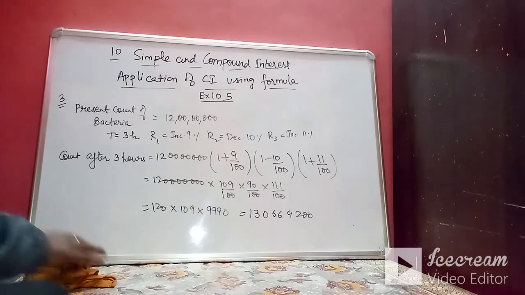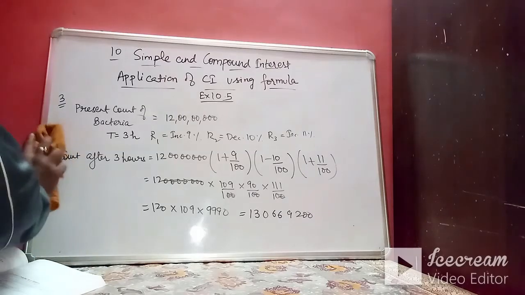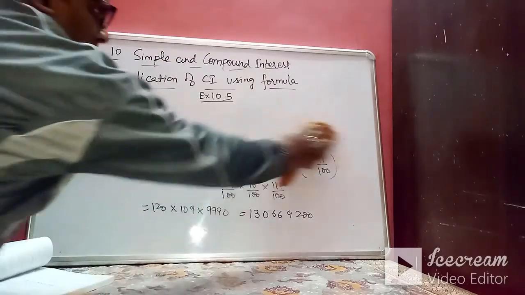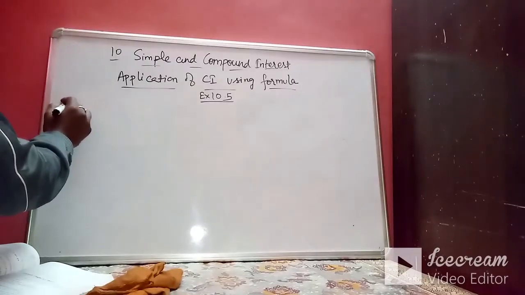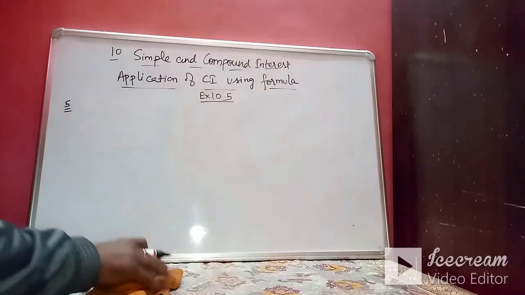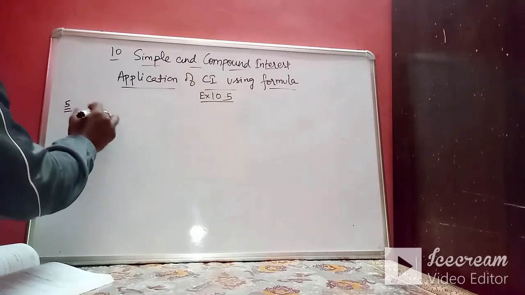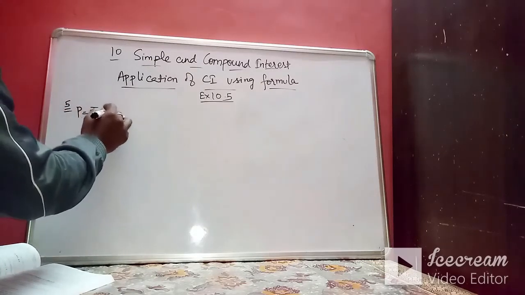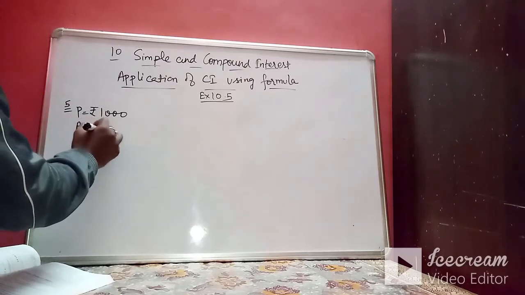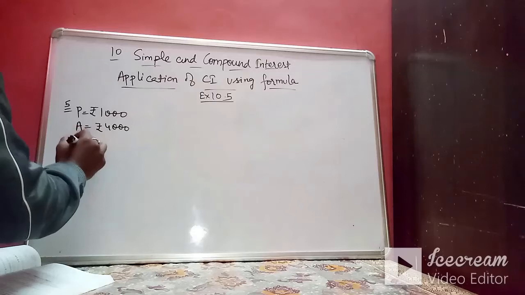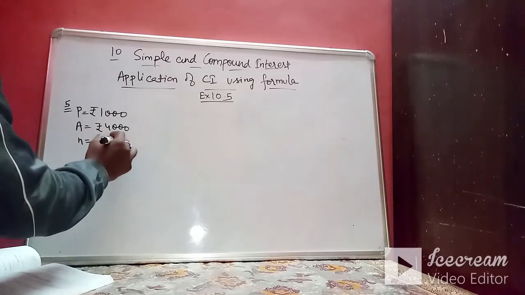Then see the last question of this chapter, question number 5. In question number 5 it is given that an investment of rupees 1000, that is the principal is rupees 1000, in a fixed deposit scheme becomes 4000, the amount becomes 4000 in 11 years.